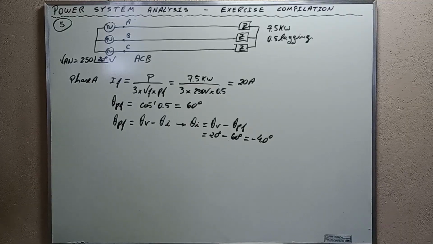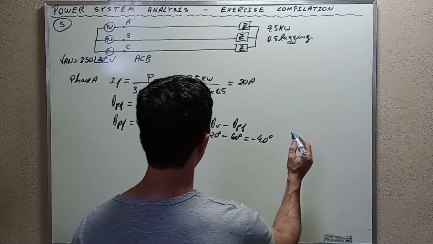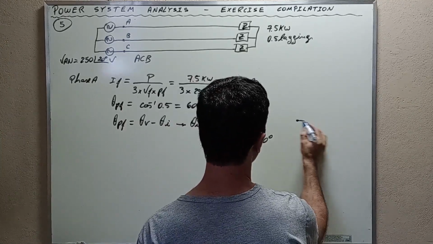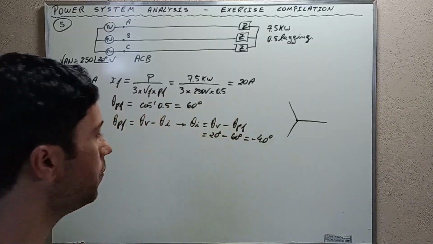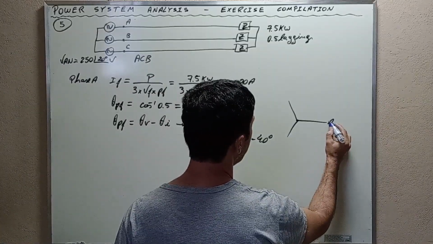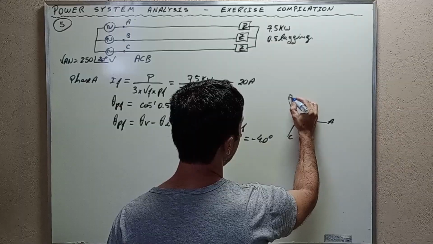Now let's work on phase B. For phase B, bearing in mind that we are dealing with an inverse sequence ACB system, it is necessary to add 120 degrees to the angle of the current in phase A, okay? We have the phasors here, okay? This is ACB, A is here, C is here, B is here.